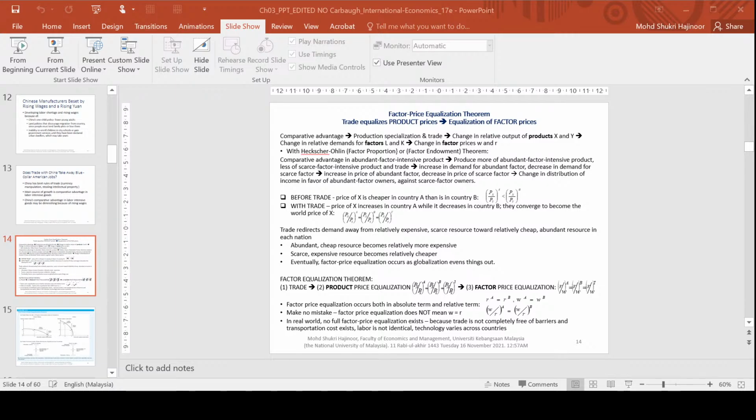An increase in the price of products because of international trade will increase the income earned by resources used intensively in its production, which is based on Heckscher-Ohlin. So Stolper-Samuelson extended the Heckscher-Ohlin theorem. A decrease in the price of a product reduces the income of resources used intensively in its production.